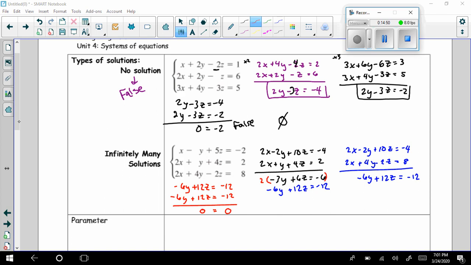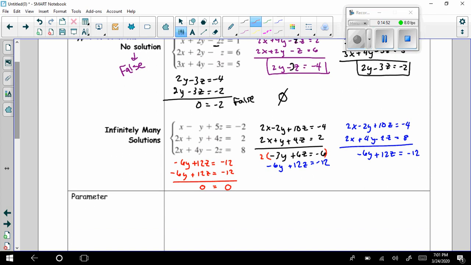And so the minute you get that true statement, this problem now has infinitely many solutions for one of those variables. And it then has what's called a parameter. And so here's kind of how parameters work.